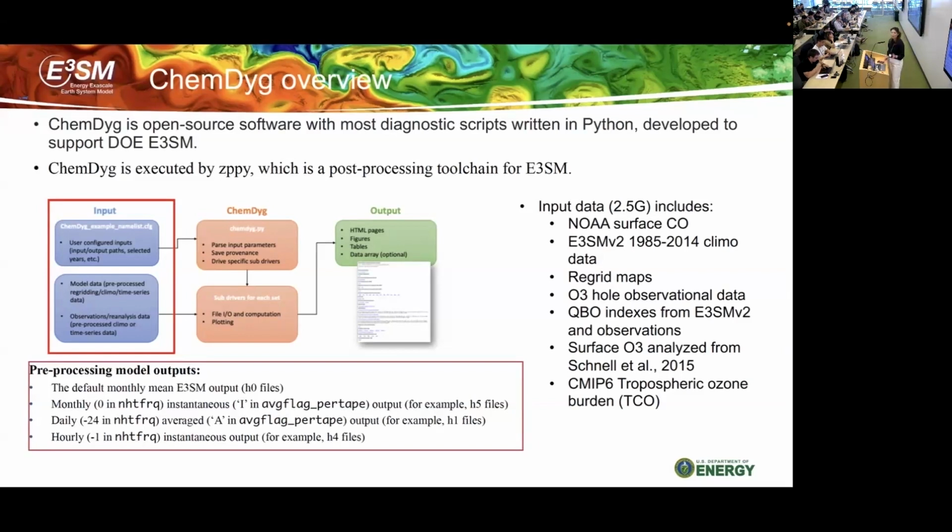So first, we have input data. It covers NOAA's surface ozone and, from our previous versions, the E3SM V2 chemical data, and also some map files you probably need to convert from negative degrees to longitude degrees. We also provide some ozone hole observational data, the QBOI index, and the surface ozone analysis.